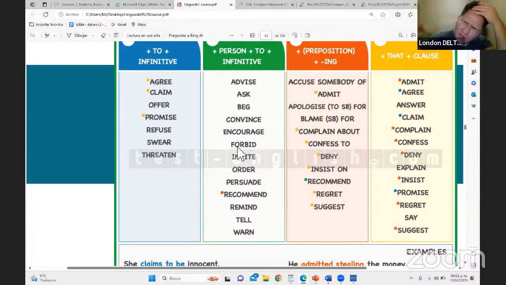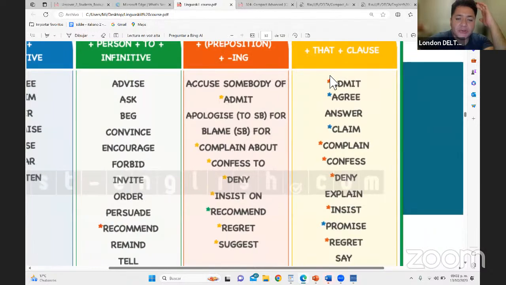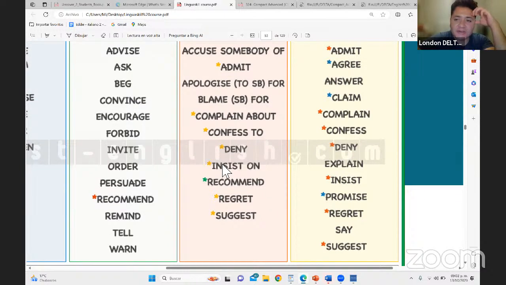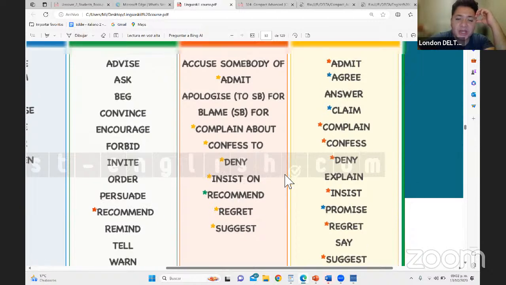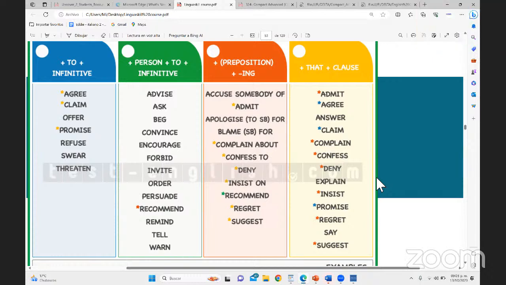Okay, so more options for you to use in reported speech. The next column, we have accuse somebody of, admit, apologize to somebody for, blame somebody for, complain about, confess to, deny, insist on, recommend, regret, and suggest. Any questions about these verbs? Deny, ¿qué es, teacher? Deny, negar. Nega, okay.